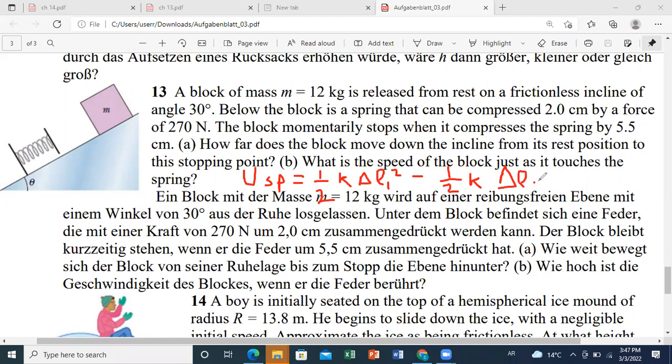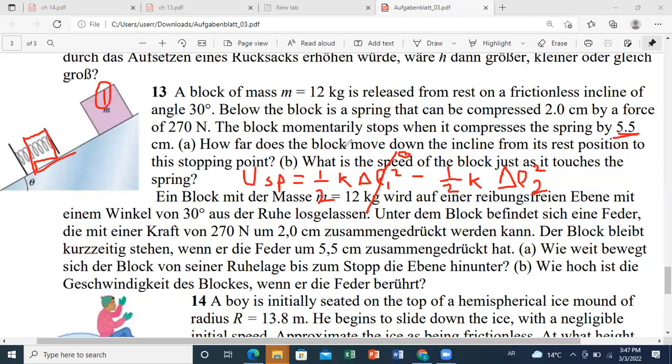Now, since at the initial state the block was here, not in contact with the spring, the spring was unstretched, so delta L1 is 0. While at the final state, when the block stops, it will compress the spring by 5.5 centimeters.